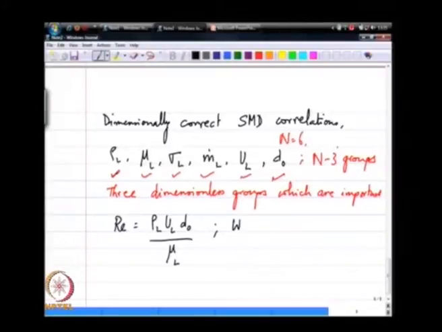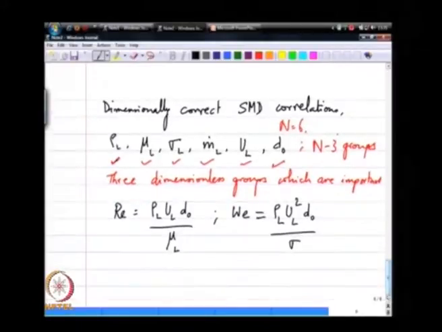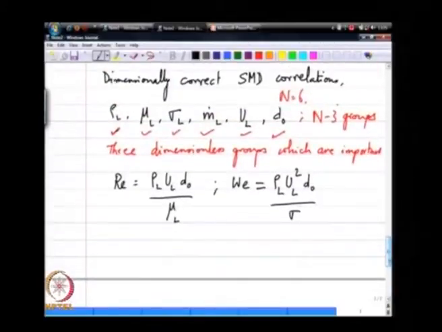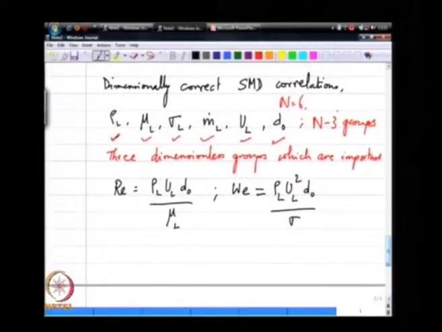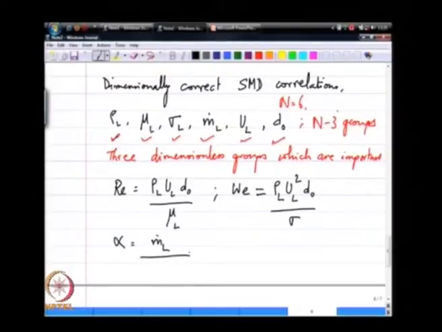I have the Reynolds number, Weber number, which is given by rho L, and the last one in fact is like our CD. Okay. I will call this alpha, which is essentially m dot L divided by rho L U L d 0 squared.